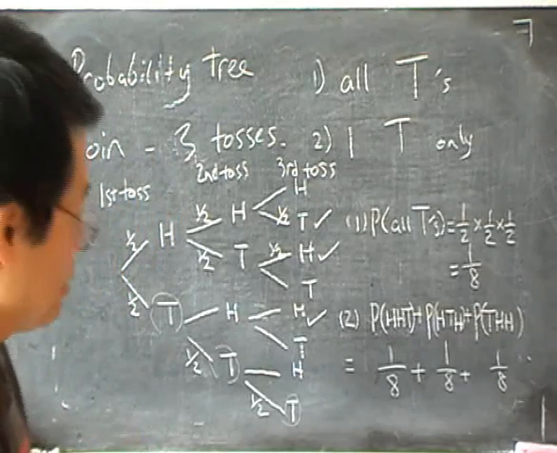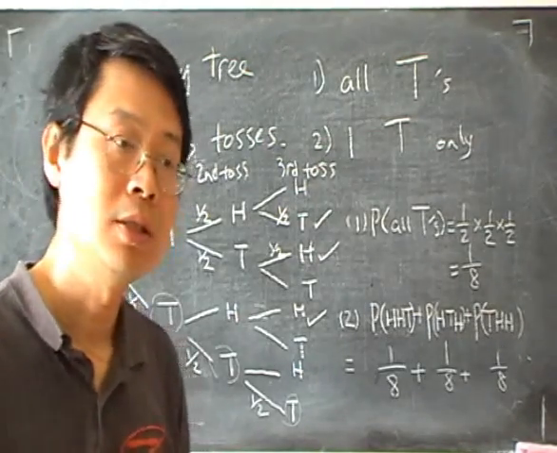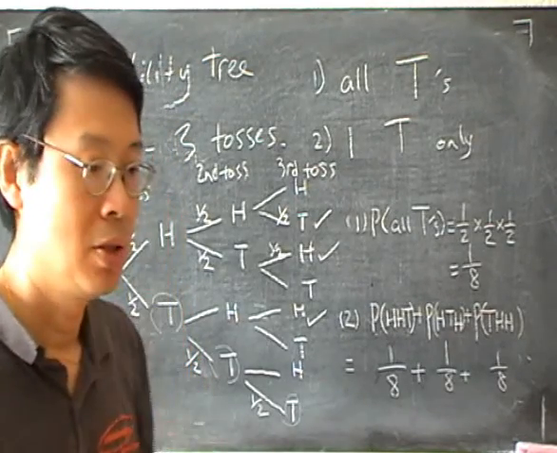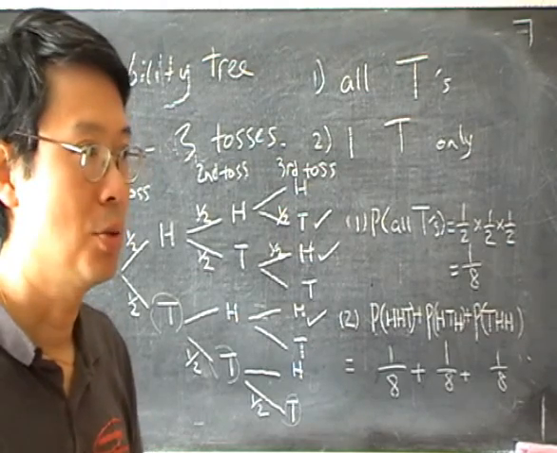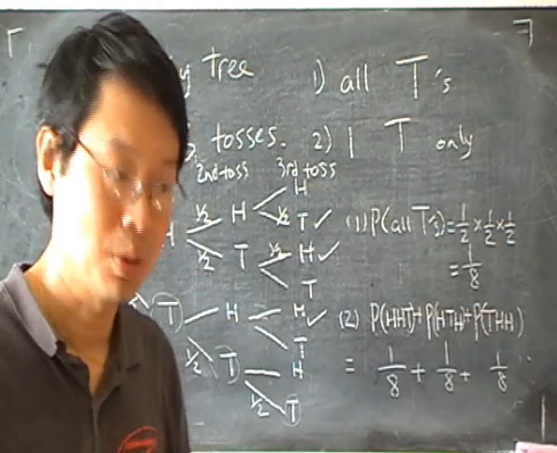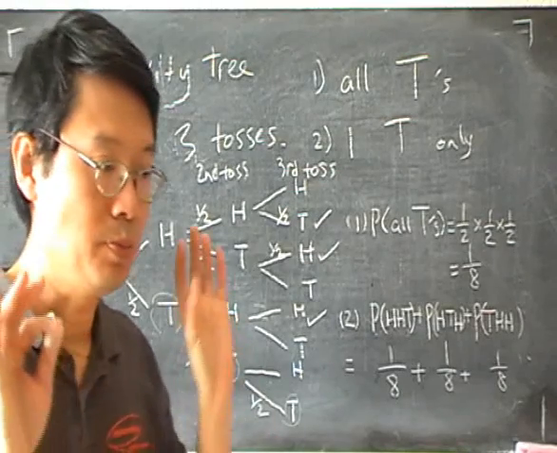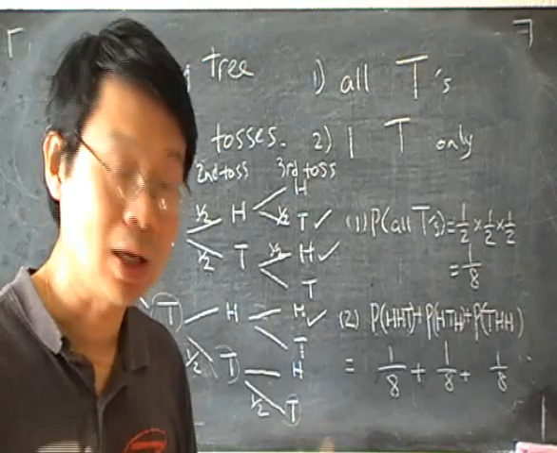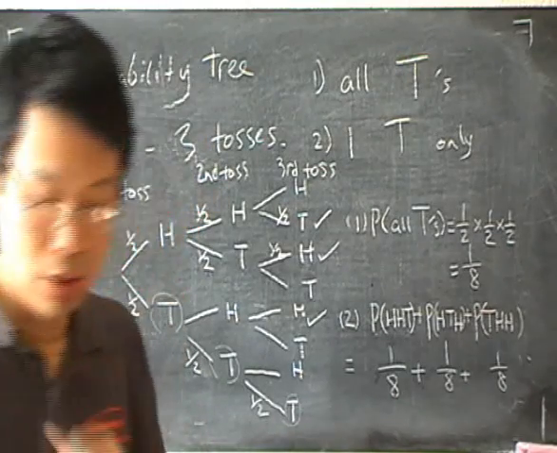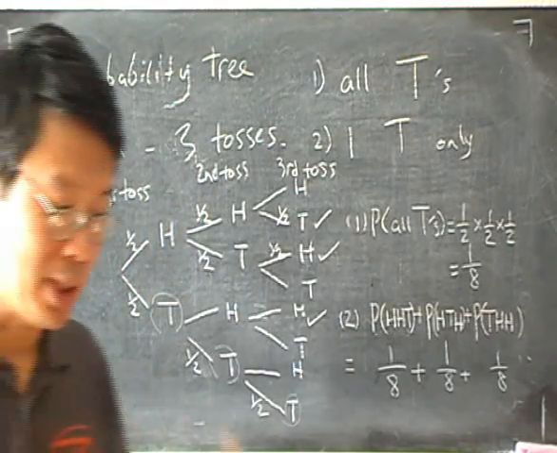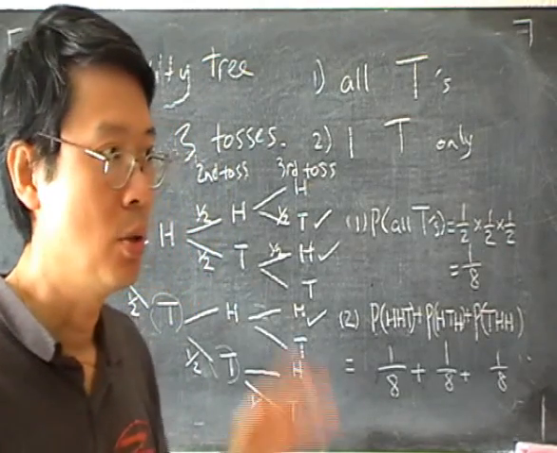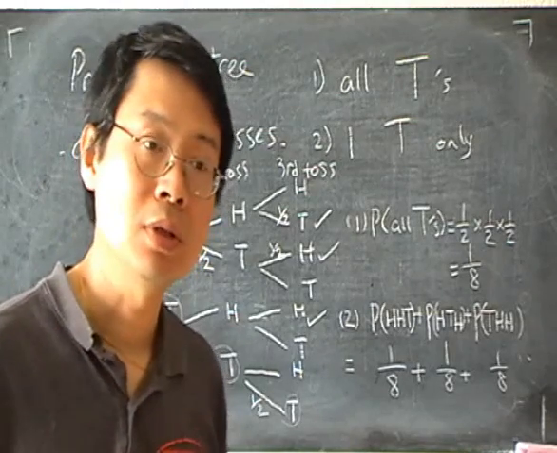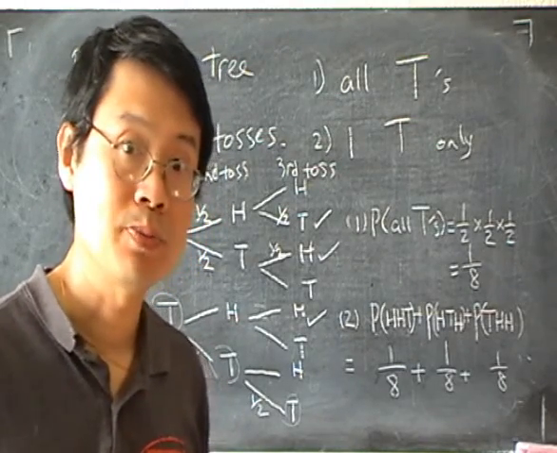Now, if you remember from the last session, I talked about how you can multiply probabilities for two events when the events are independent. And independent means that one event has no effect on another event.